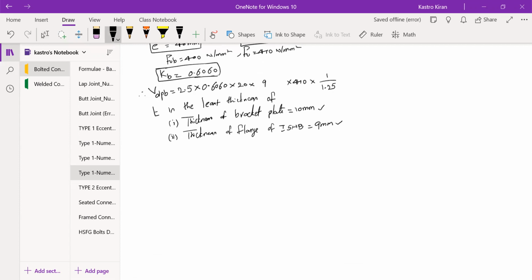So upon solving, the value of VDPB is obtained as 88.8 kilonewtons. The remembering factor here is the value of t consideration, which is the least thickness of the bracket plate and the thickness of the flange.